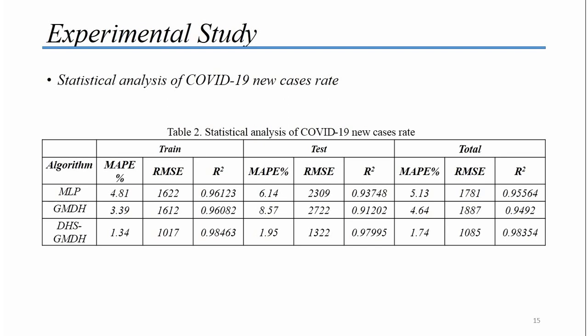The DMHS-GMDH algorithm achieves the highest performance with the lowest values of MAPE, RMSE, and the highest value of R2 for train data. In addition, the best performance is obtained by the DMHS-GMDH model with the lowest values of MAPE, RMSE, and the highest value of R2 for test data.